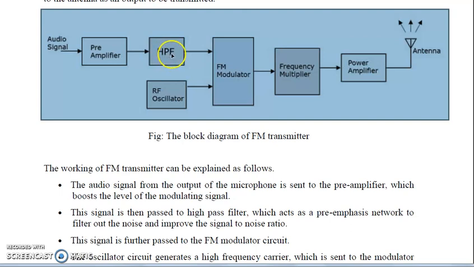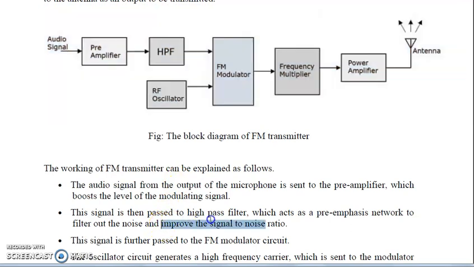So pre-emphasis means before modulation, the modulating signal has to be emphasized. It has to be strong such that the noise cannot disturb or distort it. So it filters out the noise and improves the signal to noise ratio. This is the main function of the pre-emphasis network, or we can say high pass filter.